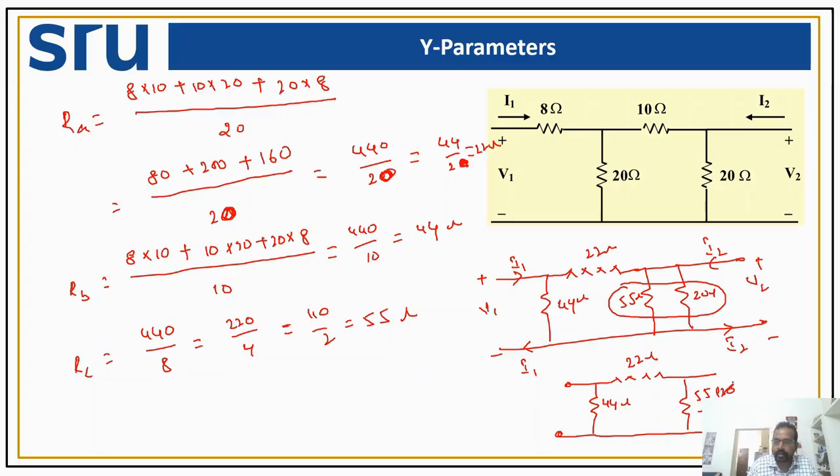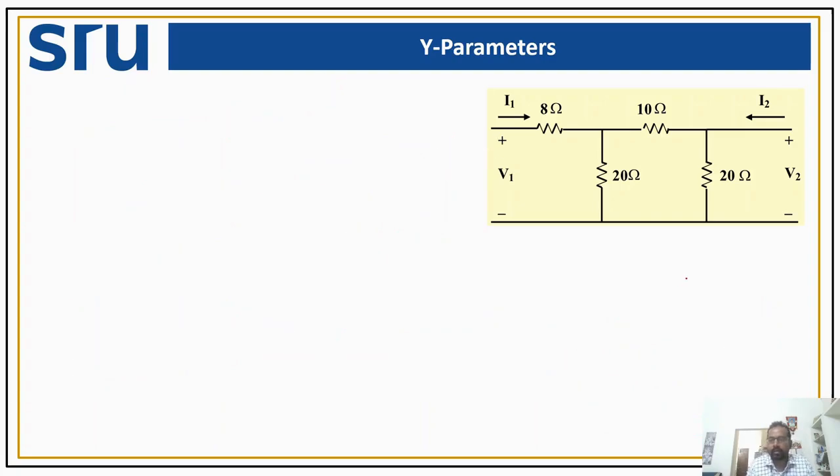So we can say that 5 4s are 20, 5 15s are 75, 5 3s are 15, and 5 11s are 55. So it is 44 by 3. So if you try to redraw the same circuit, converting this circuit into a pi network.